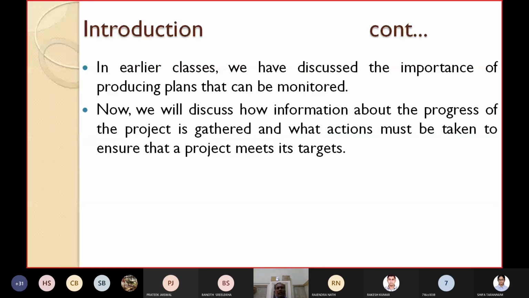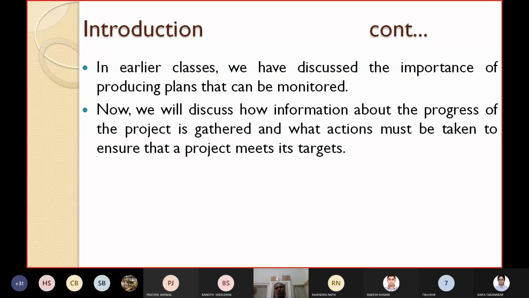In earlier classes, we have already discussed the importance of producing activity plans that can be monitored. Today, we will discuss how the information about the progress of the project can be gathered and what actions you should take to ensure that the project is moving on time and will meet its targets, that there will not be delay.